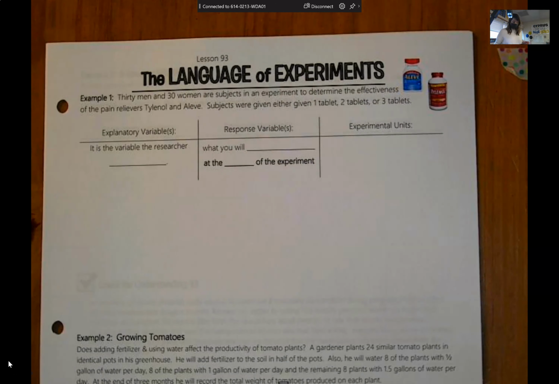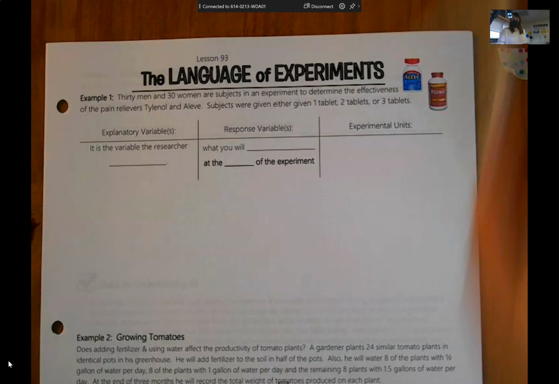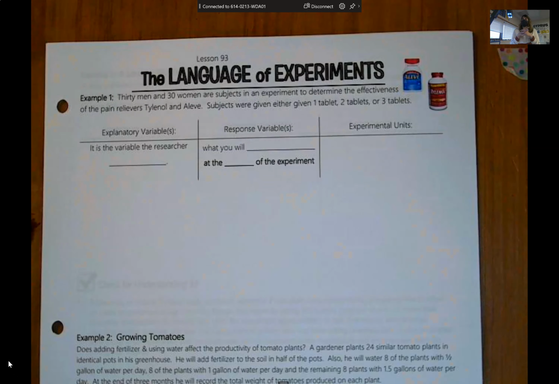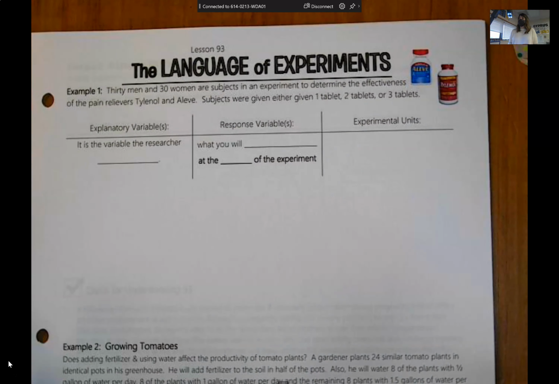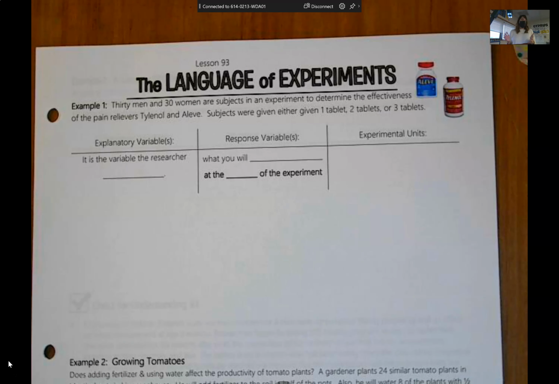So we're starting on page 907, and we're going to start breaking down an experiment and how exactly we divide up the people that go into our treatment groups and how we find those treatment groups. So this is called the language of experiments, and just like usual, we'll talk about this in context of an example.